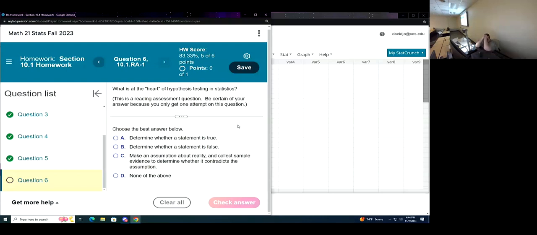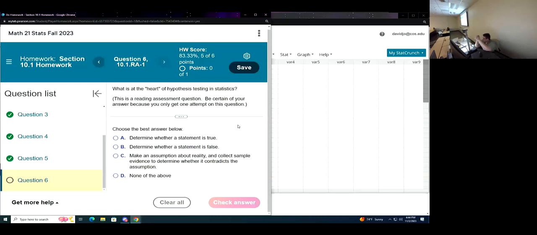What is at the heart of hypothesis testing? This is a reading assessment question. Be certain of your answer because you only get one attempt. We make assumptions about reality. I even told you guys that on Tuesday.